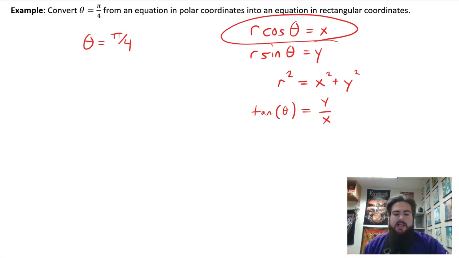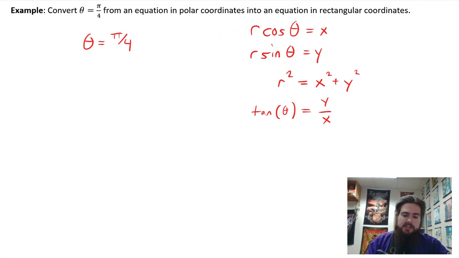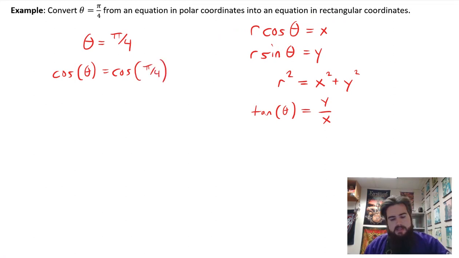If we try to take cosine of both sides of this equation and have cosine of theta is equal to cosine of pi over 4, well, that seems to go fine on the right track of things to get cosine of theta is equal to the square root of 2 over 2.